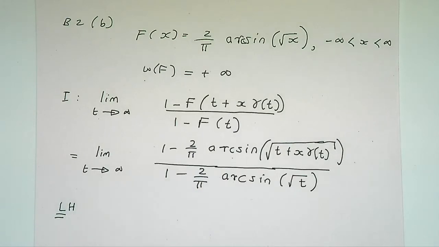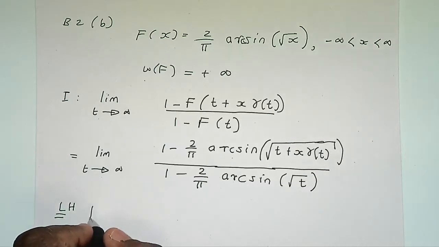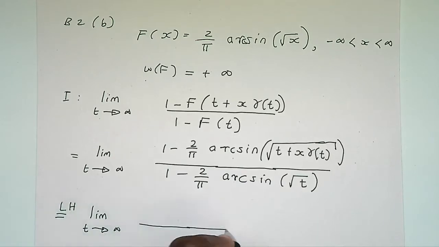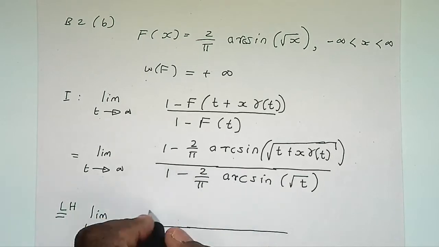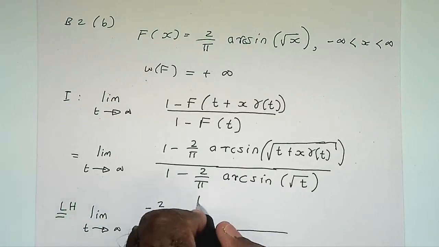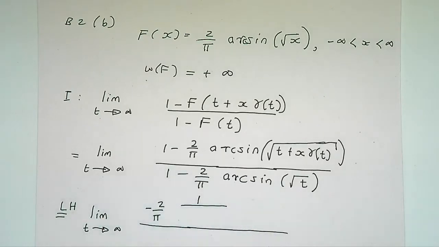So let's try to use L'Hopital's rule. You should differentiate the top, you get minus 2 over pi times, I just checked the derivative of arcsine, which is 1 over square root of 1 minus x squared.